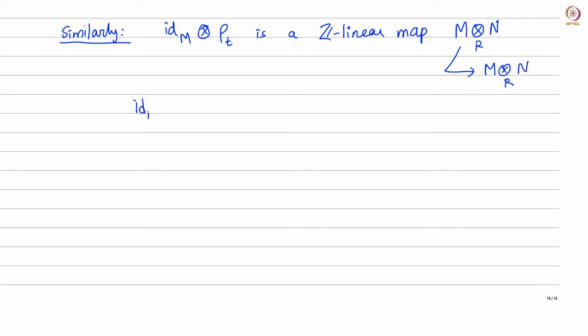It does exactly what we wanted to be our definition of right multiplication, which is it only acts on the second component.